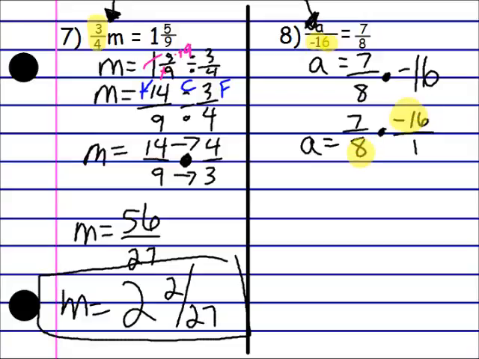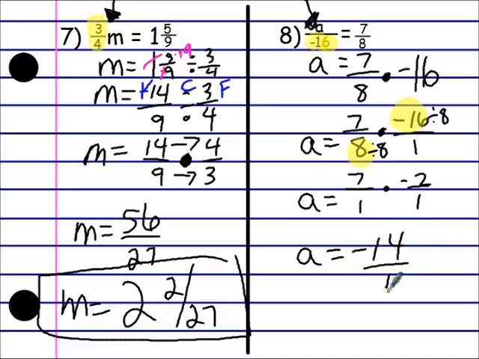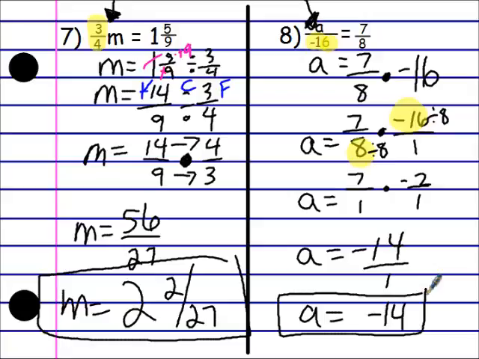So I'm going to write in what I'm dividing by so I don't make a mistake. And I have A equals 7 over 1 times negative 2 over 1. Top times top and bottom times bottom. I get negative 14 over 1, which is simply negative 14. So here A is equal to negative 14.